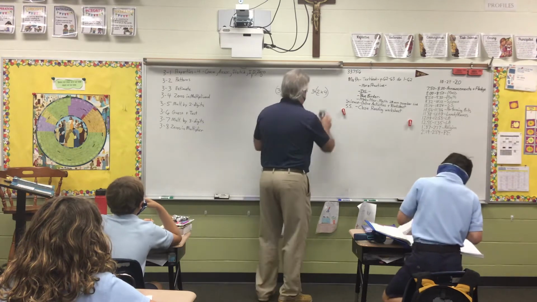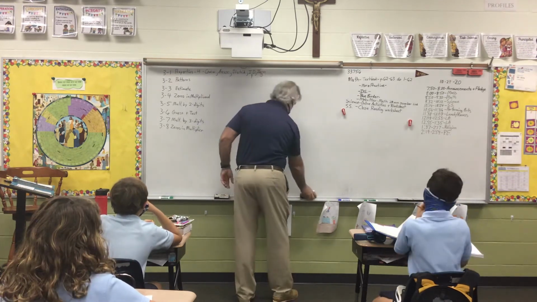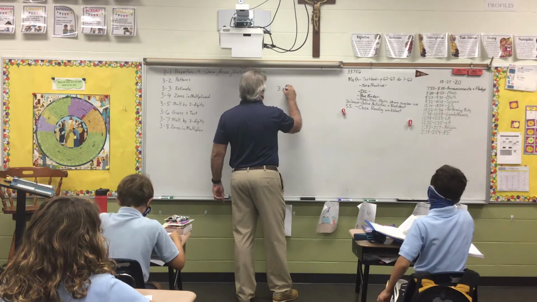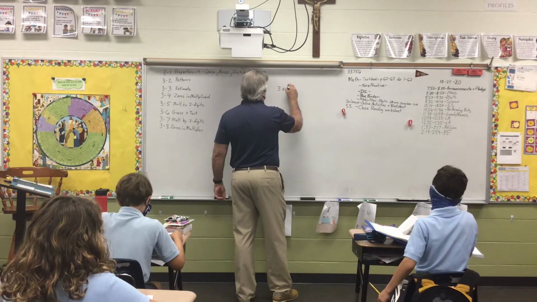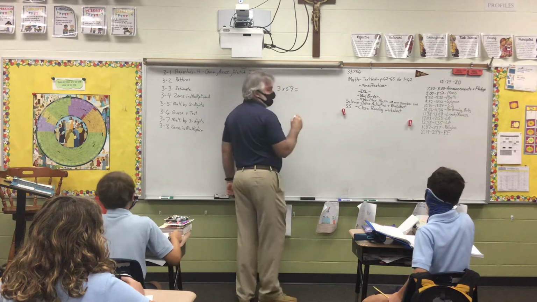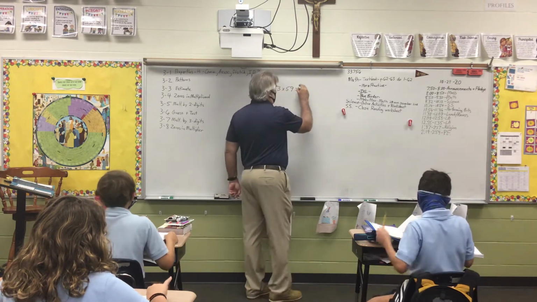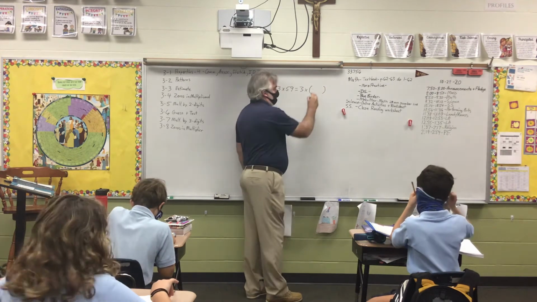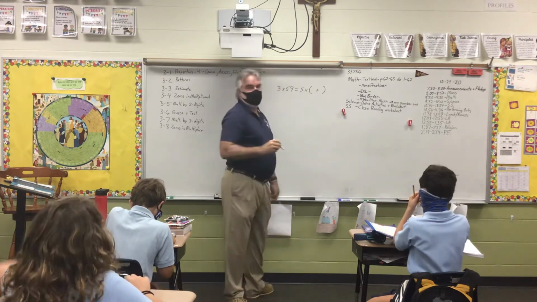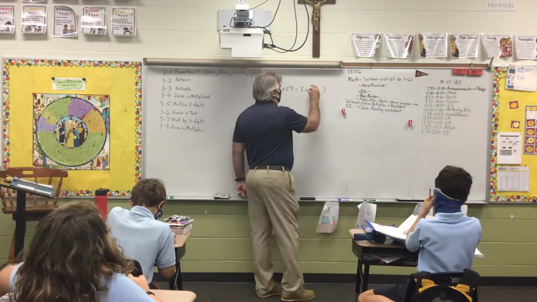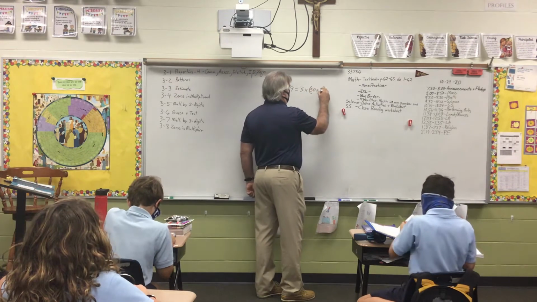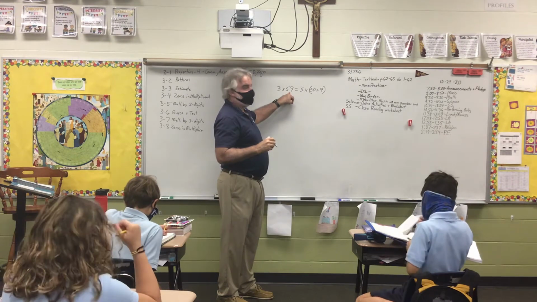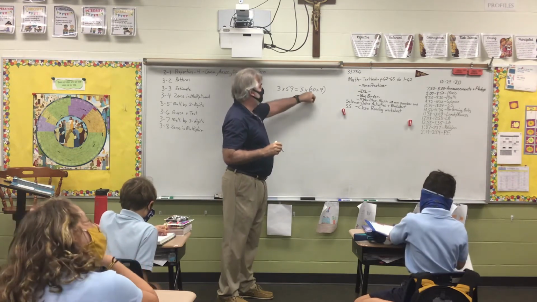The one that was getting some of you is the distributive property. 3 times 59. You're breaking this number apart. This is a 5, so you do the 50.